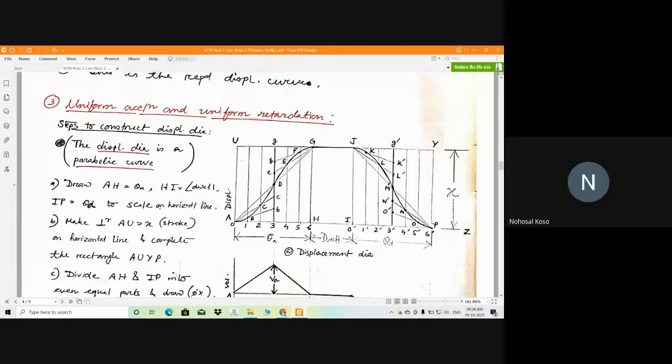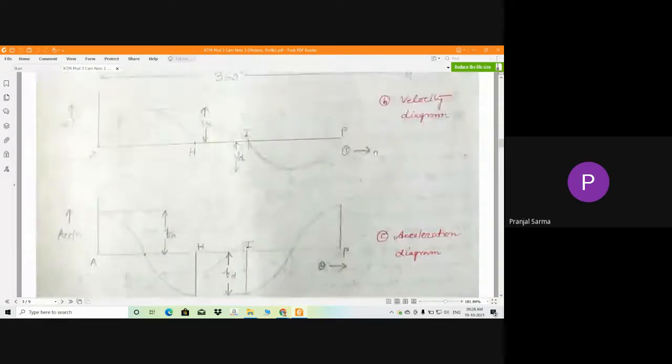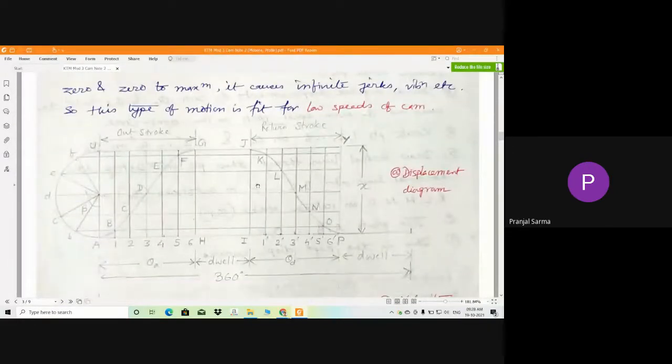Yes, sir. Okay. So if you recall, in the last class we discussed how to draw the displacement diagram in the case of SHM. There we have seen the angles theta a, the outstroke angle, dwell, the return stroke angle, next dwell, and so on. As per scale we mark them on the x-axis, and along the y-axis we consider the lift of the follower, again as per scale.